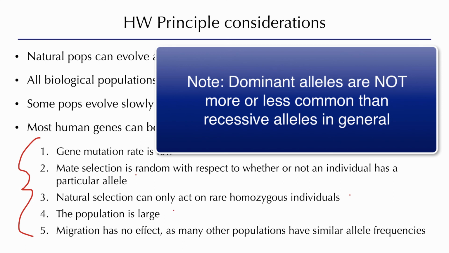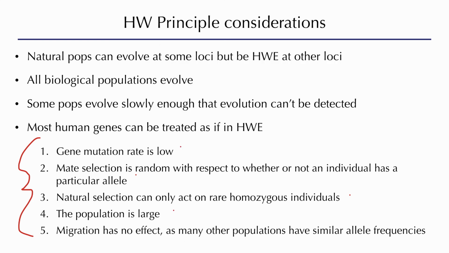The population is large when we look at humans as a whole, and in general there are basically the same frequencies of alleles between most populations, so migration, as in people from different continents having children, is not going to really affect the frequencies like you'd see in beetle populations from different continents, which are highly diverged.